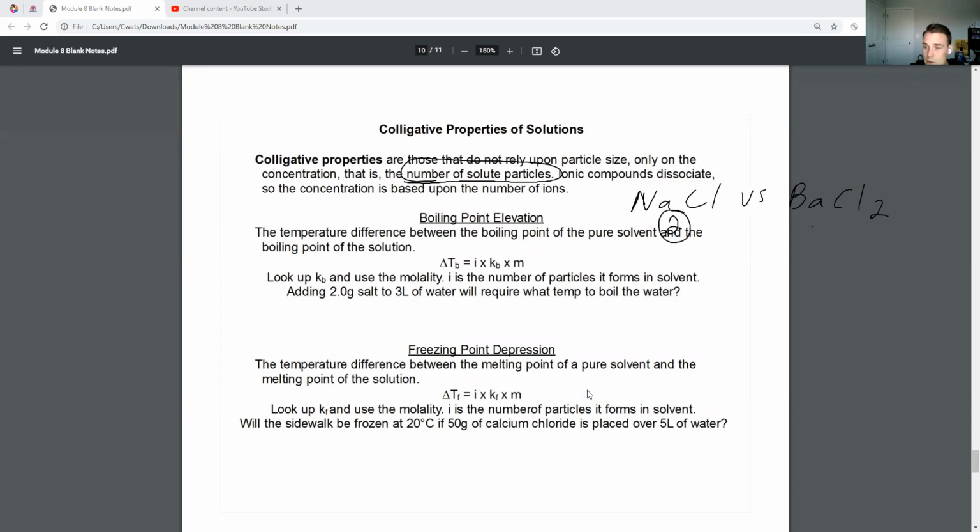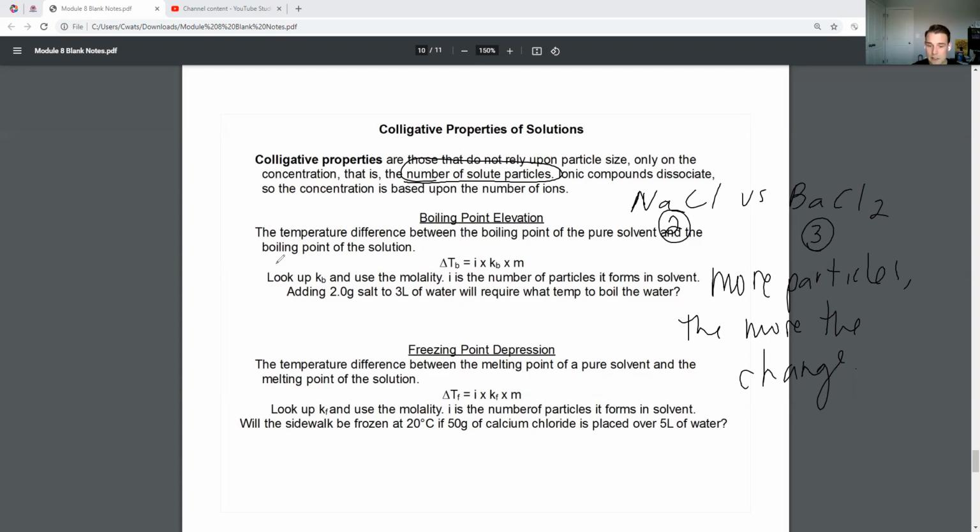This would be 2, this would be 3. And therefore, the more particles, the more the change. So if I add barium chloride into water, the boiling point will actually be higher than if I added the same amount of sodium chloride. And that's really all we want to keep it at.